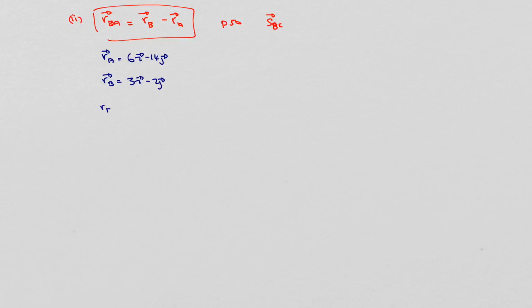So the position vector of B relative to A is 3i minus 2j minus (6i minus 14j). So again, if we take like with like, we have 3i minus 6i, and minus 2j minus 14j, so that gives us plus 12j there.